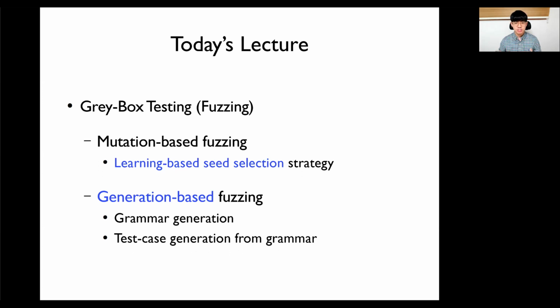Like seed selection and seed mutation strategy for mutation-based fuzzing, there are two key components for generation-based fuzzing, which are well-structured grammar generation and smart test case generation from given grammars. Okay, before introducing these topics, I will start by reviewing a recent trend in mutation-based fuzzing we learned about last time.